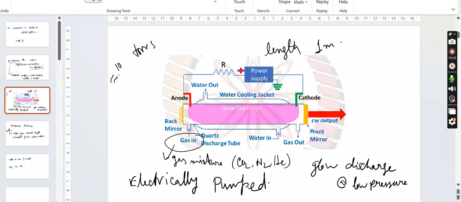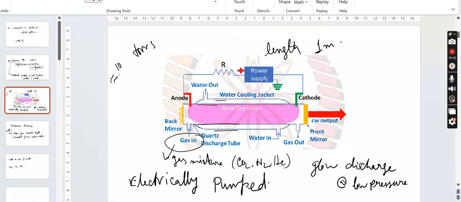However, scaling the power output of the laser is not possible this way, as removal of the heat by simply flowing water over the outer surface of the quartz tube will no longer be adequate. Always remember that this is another quartz tube and this is another tube. So gas in, gas out, they are not in between the water flow.